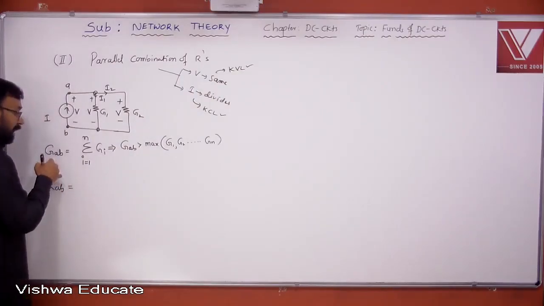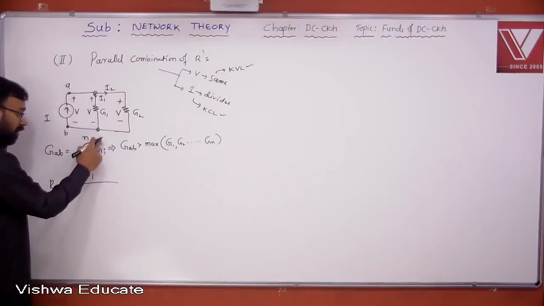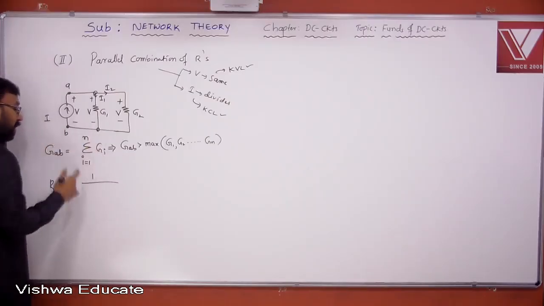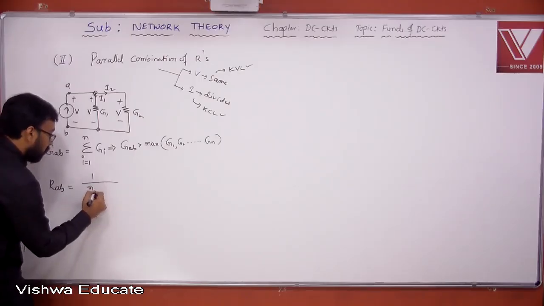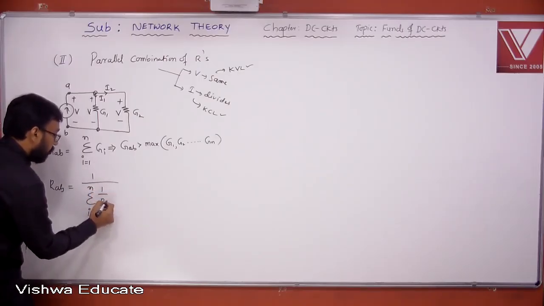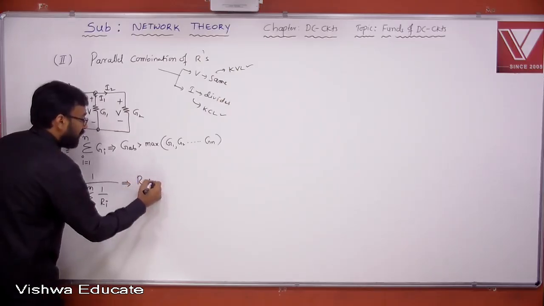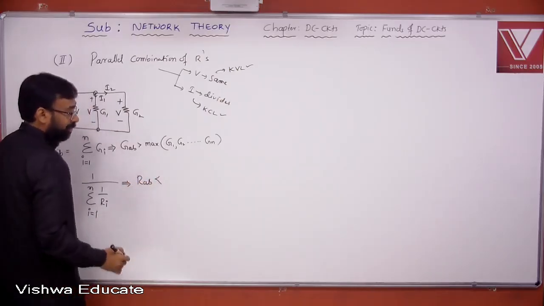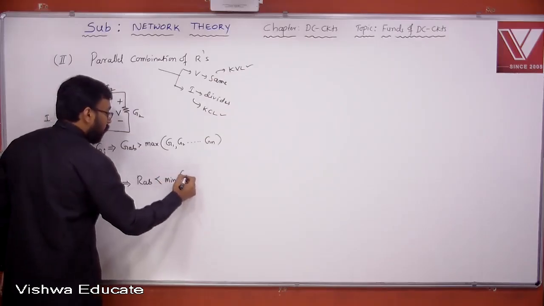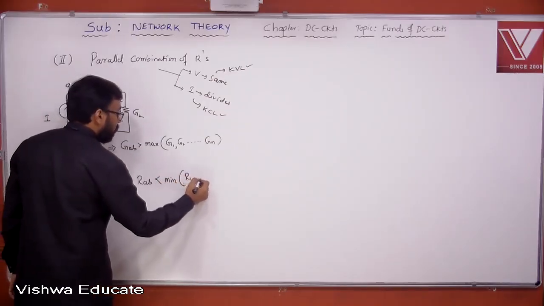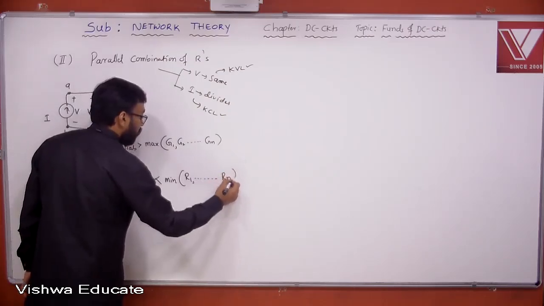Reciprocal of conductance, right? So 1 by RAB is the sum of 1 by Ri, i equal to 1 to n. Therefore, you know that the effective resistance will decrease. That is less than even the lowest value of the resistors.